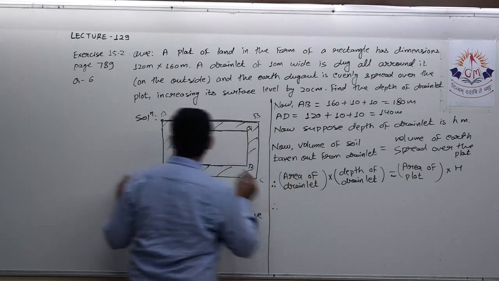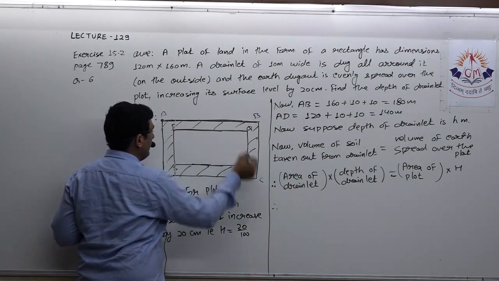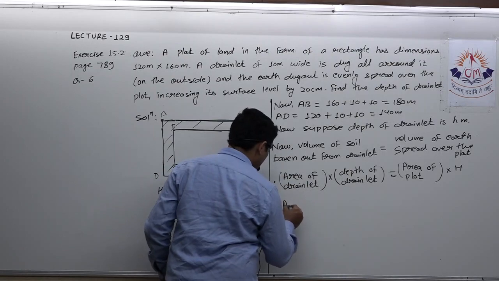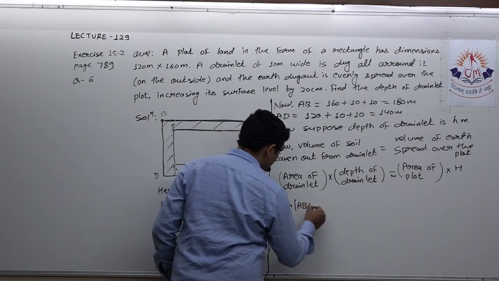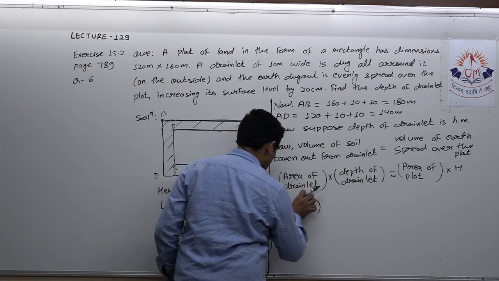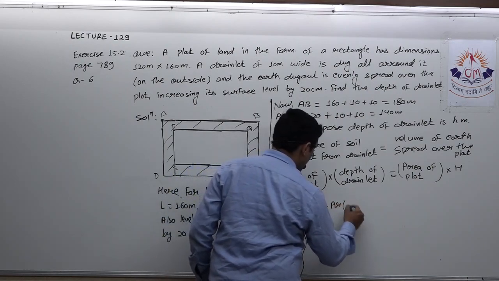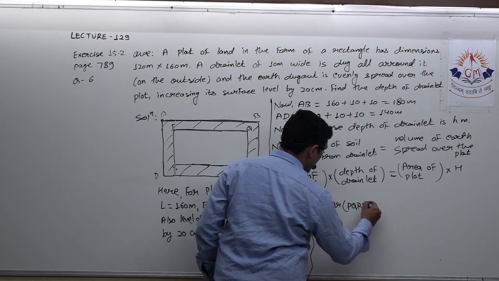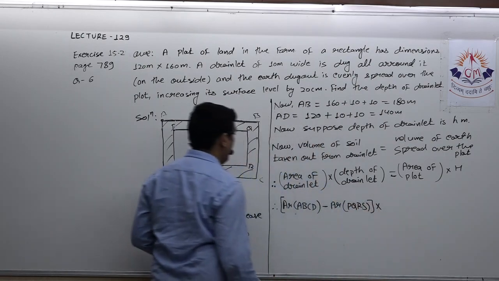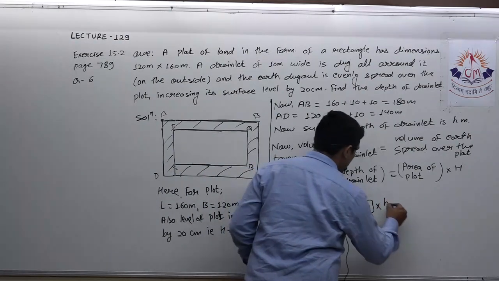Now the area of the drainlet, can I say, is area ABCD minus area PQRS, multiplied by the depth of the drainlet, which we assumed as small h.